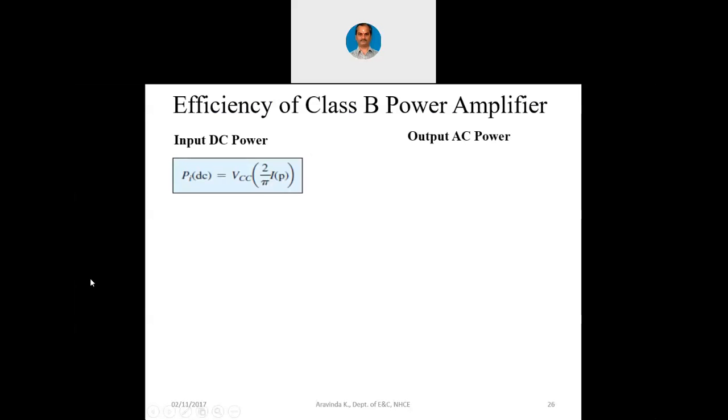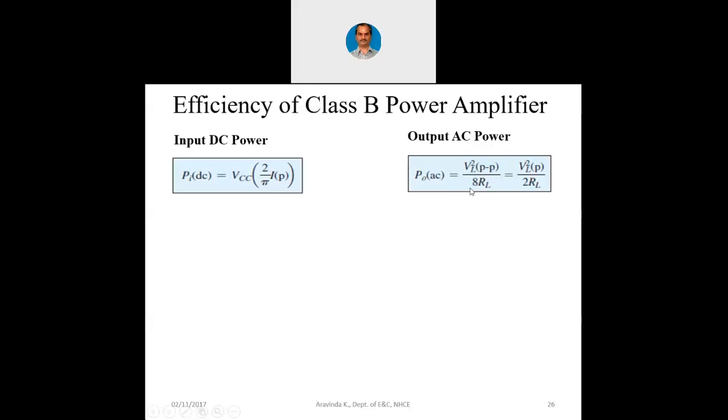Now the output AC power, P0 AC, is VL squared PP by 8RL. Now this you already know. This is the output AC power: load voltage peak to peak squared divided by 8RL when load is connected. At the input, there is no load that is applied. At the input, when one device is on, the other device is off.